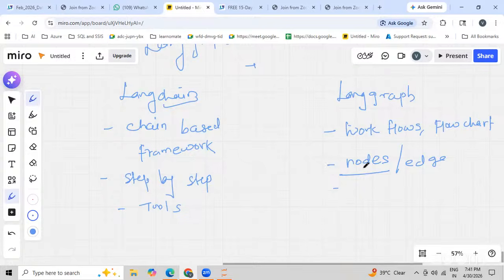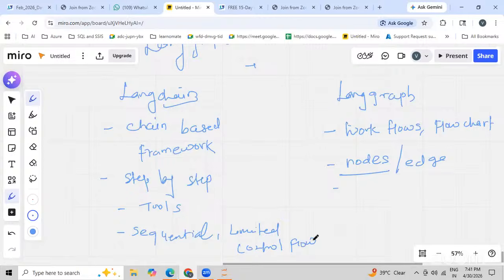That is the question. LangChains are sequential, and they have limited control flow. It means there are some limitations.